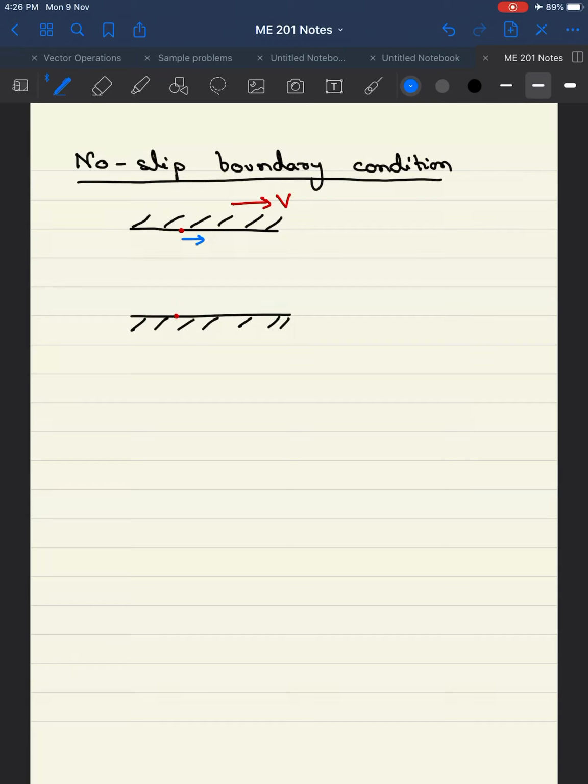So if this is your u, and this is z, and this is at z equal to h, then u at z equal to h is equal to v at this point.